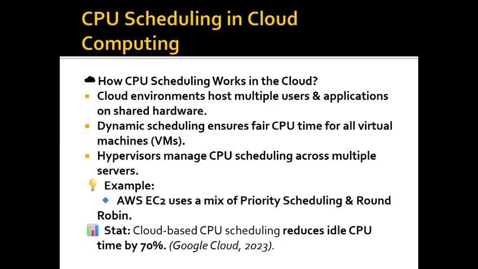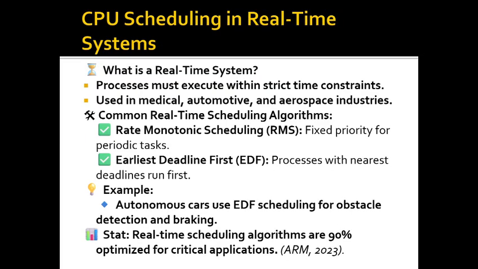Example: AWS EC2 uses mixed priority scheduling with round robin. Cloud-based CPU scheduling reduces idle CPU time by 70%, as per 2023 statistics regarding Google Cloud.